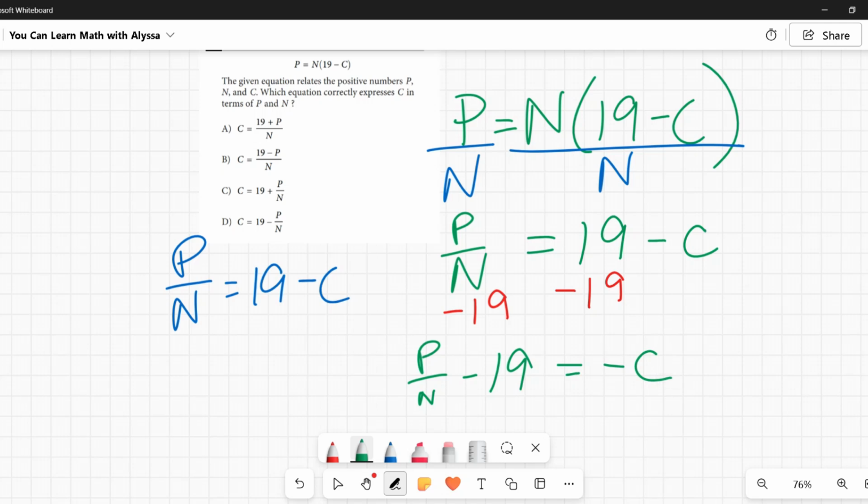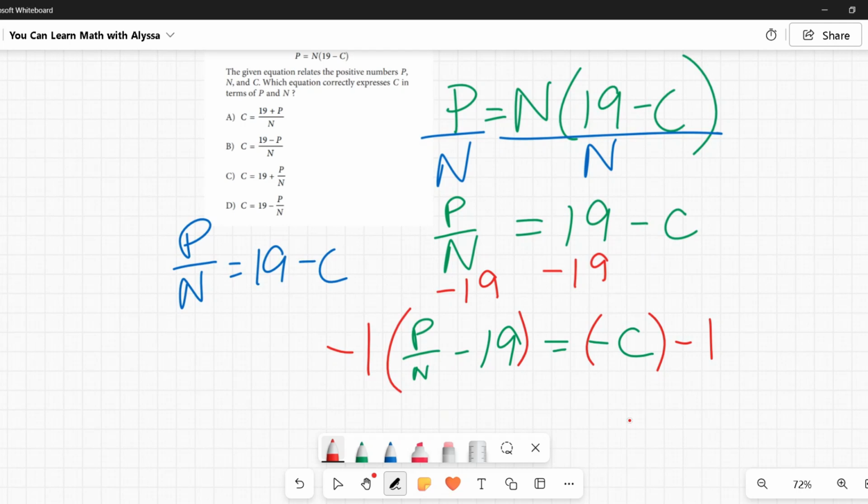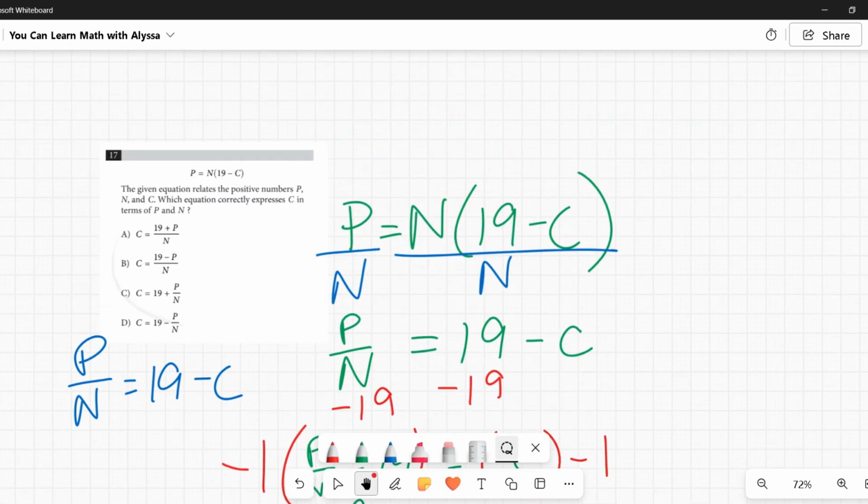It has to be a positive c. So I'm going to multiply everything on the left and everything on the right by negative 1. It just flips the signs of everything. So on the left, I will get negative p over n plus 19 equals positive c. And I've done it.